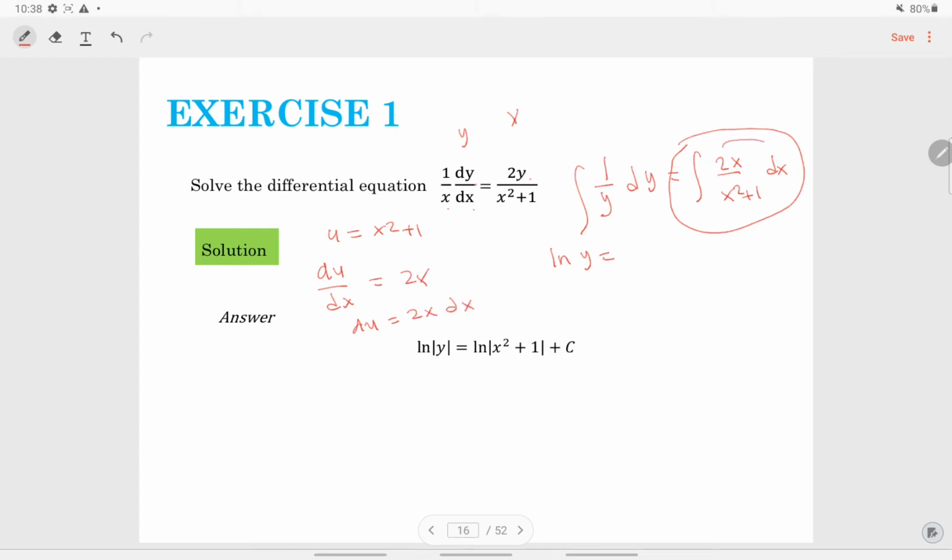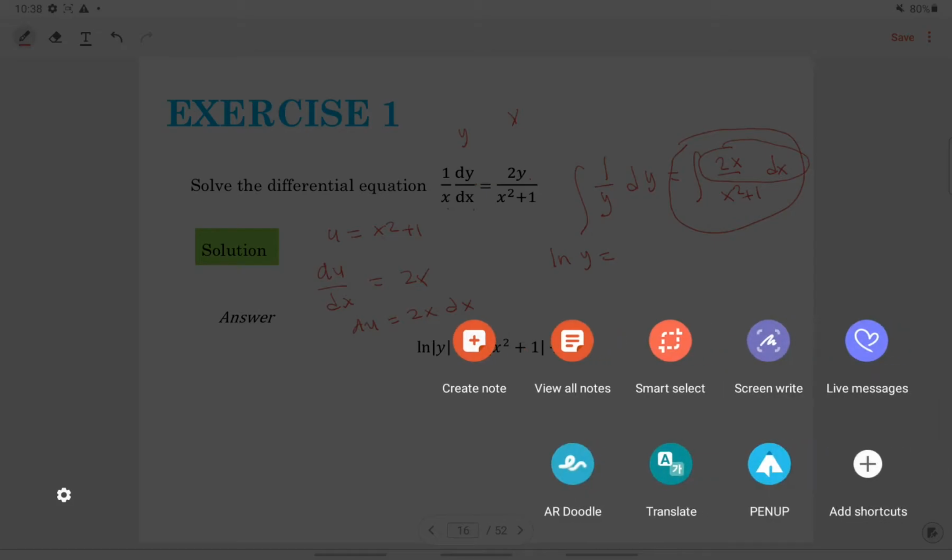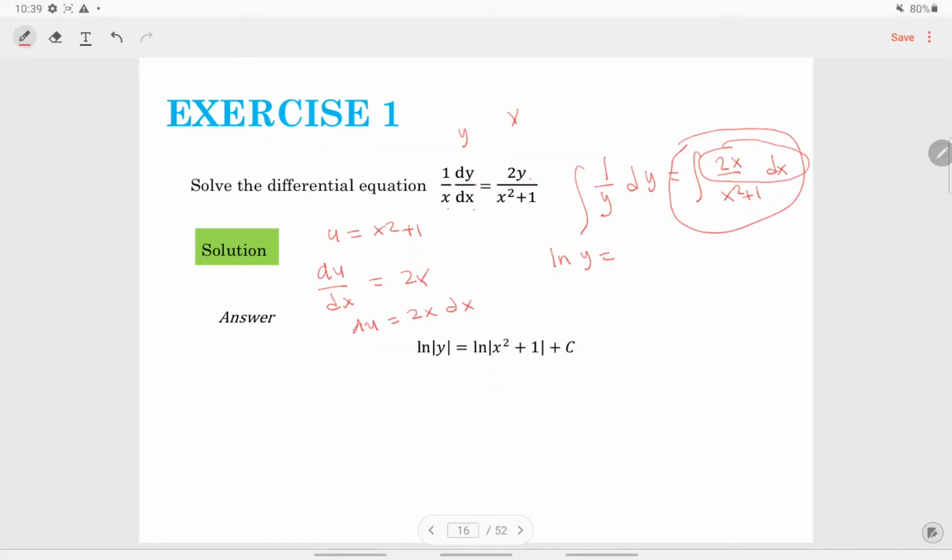So now you can substitute 2x dx equal to du. So x squared plus 1 is u, right? So we can say here 1 over u du. This is because du is 2x dx, and x squared plus 1 is u.